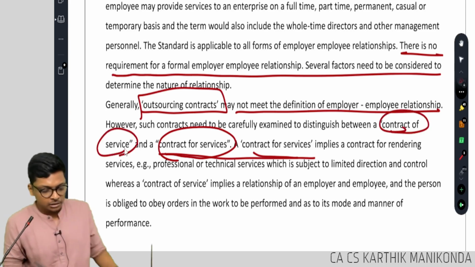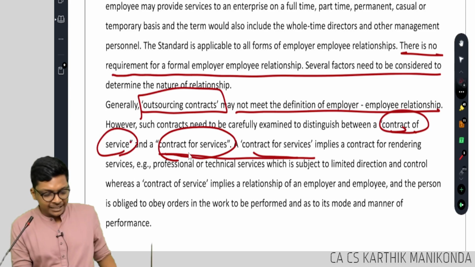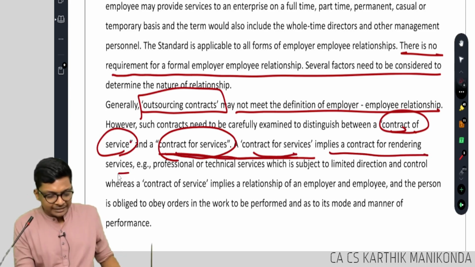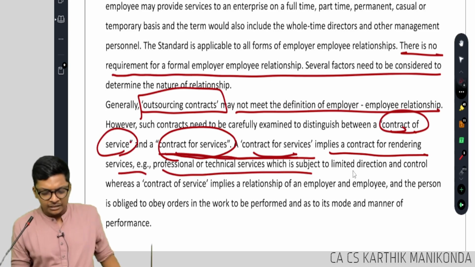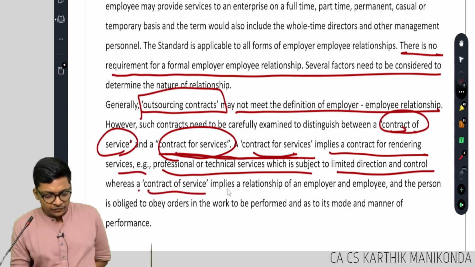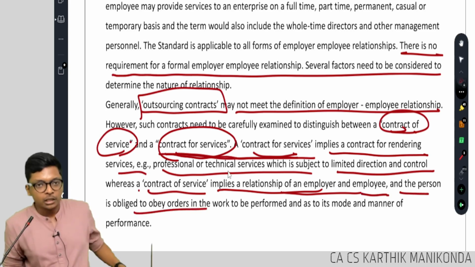What is the difference? Contract of service means one time. Generally, contract for service means repetitive. A contract for service implies a contract rendering services, professional or technical service, subject to limited direction or control. Whereas a contract of service implies a relationship, opposite case, a relationship of employer and employee, and the person is obliged to obey the orders.